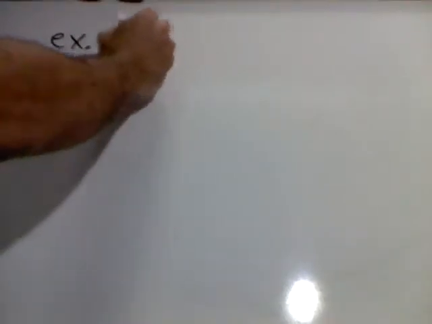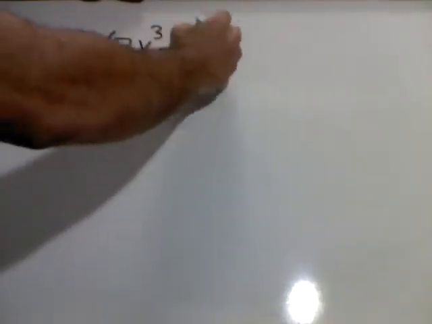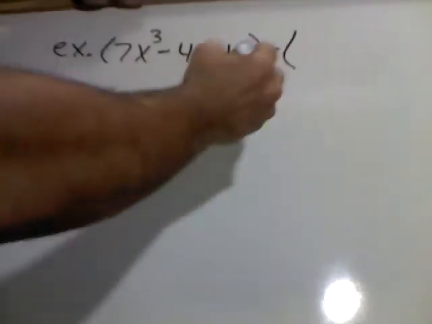Alright, 7x cubed minus 4x plus 2. I'm subtracting 4x squared plus 5x minus 3.